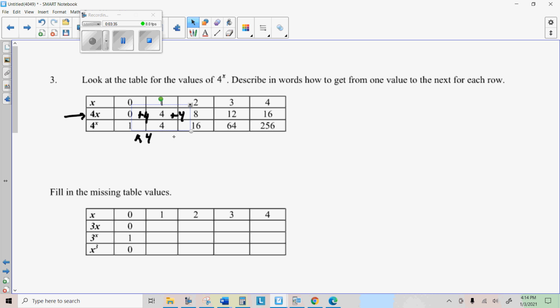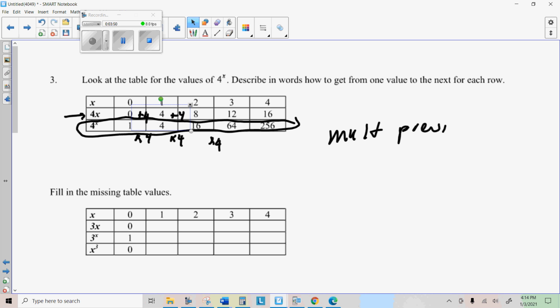So since it's got an x power, this one is multiplying by 4 each time. So you get from one value to the next in this row by multiplying the previous number by 4. Okay, so you can go ahead and fill in the next table.